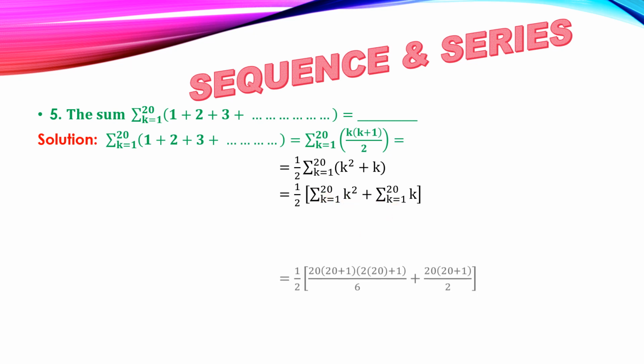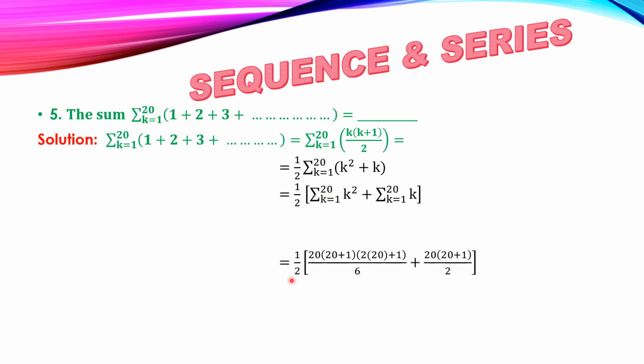Now those values are, so 1 by 2 into, here we observe summation n square equals n into n plus 1 into 2n plus 1 by 6. And summation n equals n into n plus 1 by 2, which is already used in the first step. So here n equals 20.